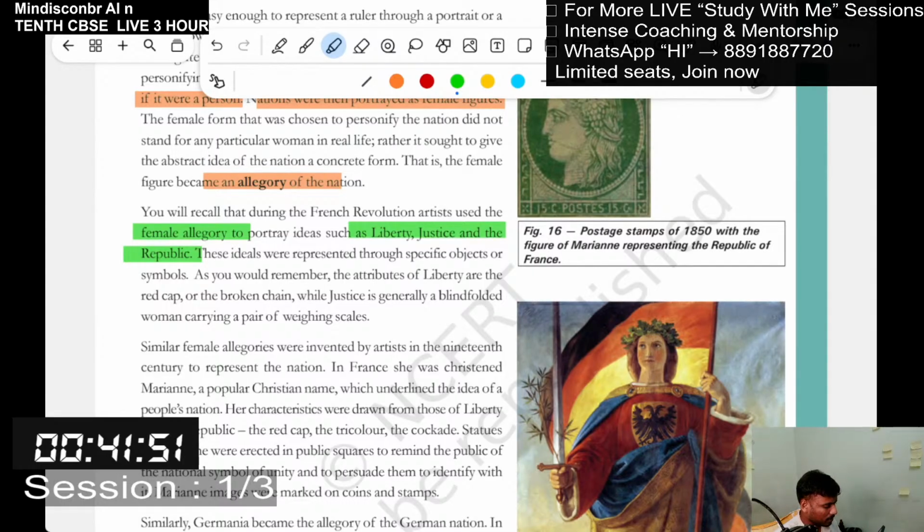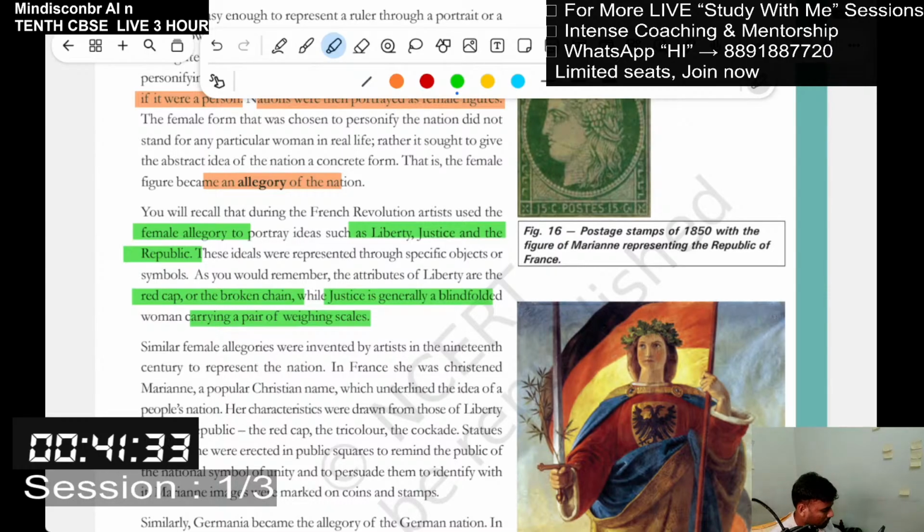As you will remember, the attributes of liberty are the red cap or the broken chain, while justice is generally a blindfolded woman carrying a pair of weighing scales. So liberty is represented by a red cap or the broken chain, and justice by a blindfolded woman carrying a pair of weighing scales.